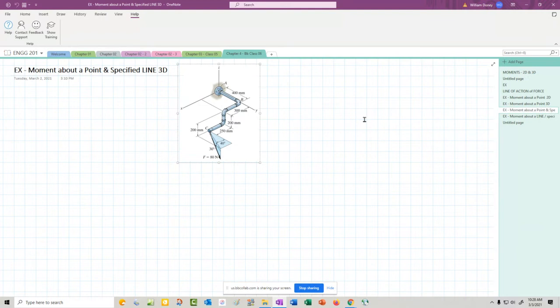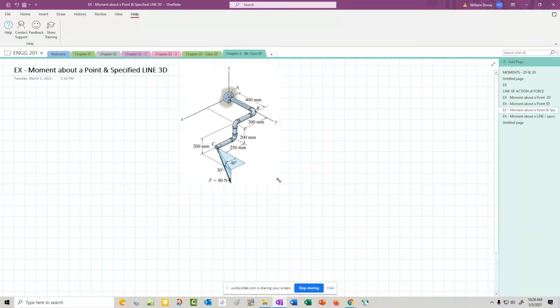Moment about a point or a specified line. No change here. We're in 3 dimensions, but since everything is sort of lined up, X, Y, and Z, maybe we can sort of fake it with some 2D stuff. Let's see what we can do here.